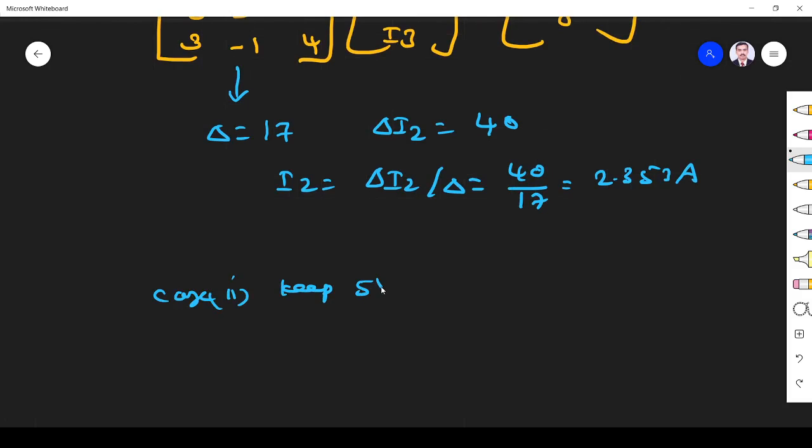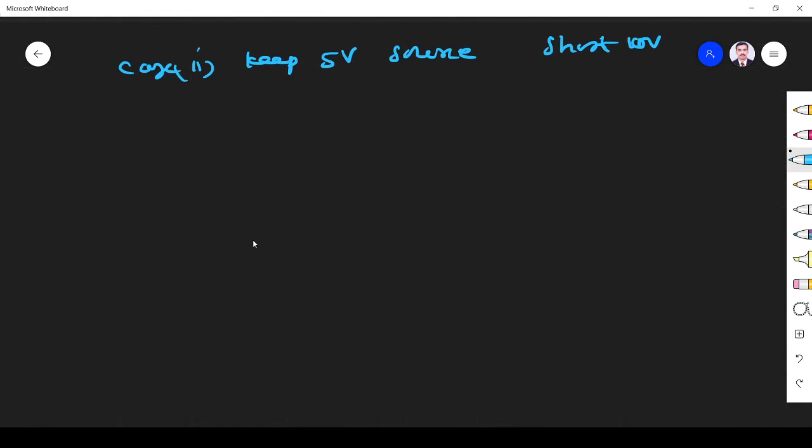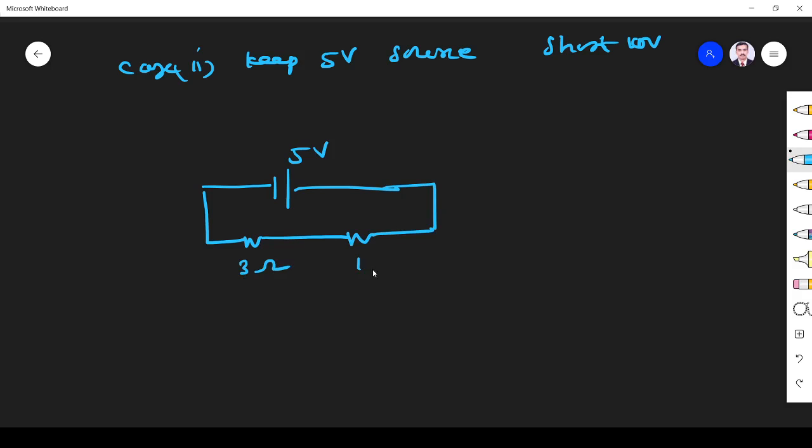Similarly, case 2: keep the 5 volt source and short the 10 volt source. So what will happen? The circuit becomes like this: 5 volt, and these are all the same, 1 ohm.